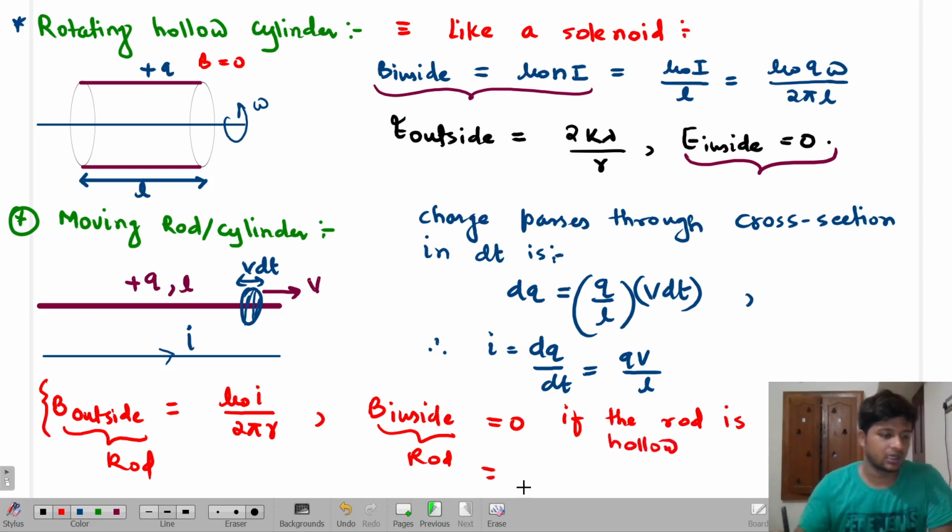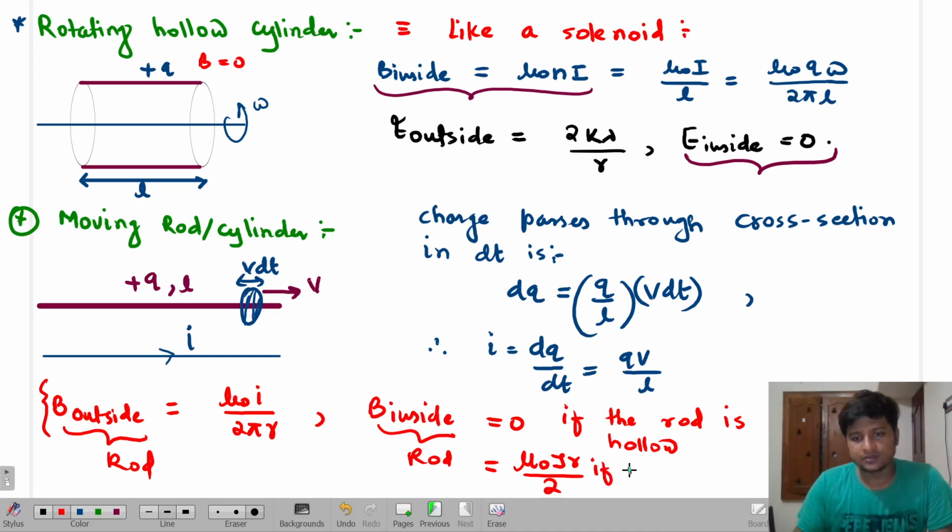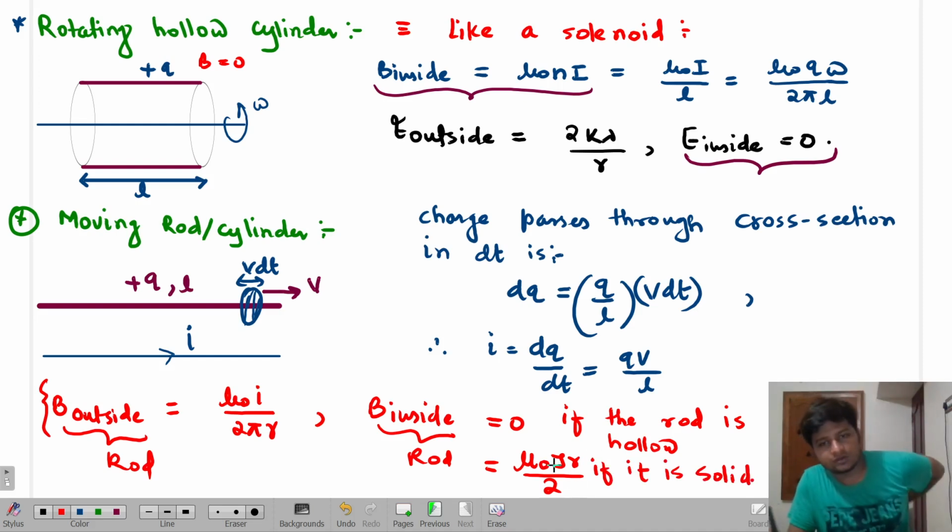And remember that it is equal to mu naught J R by 2 if it is solid, just like a solid cylinder. So everything is the same, right? Where J is I by A, the area. Are you able to get me?